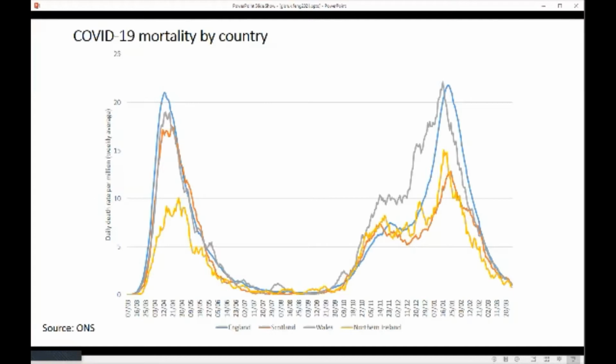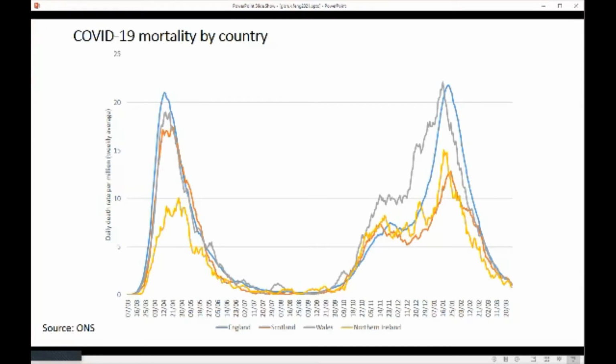This is the daily number, but it's a weekly average. You can see the mortality rate rose quickly, but the rates vary greatly over the 4 countries.